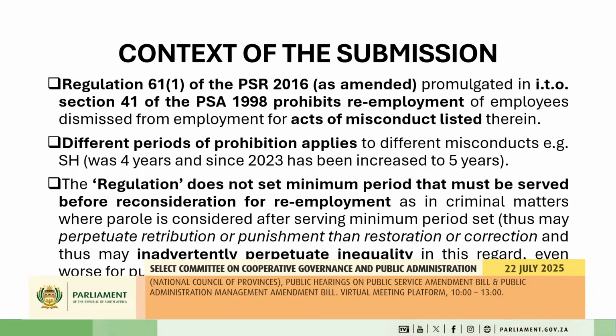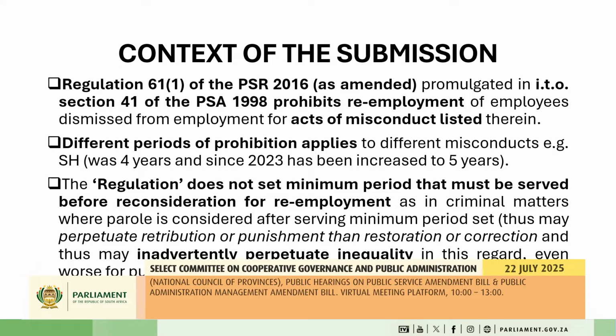So in my submission, I am of the view that the regulation does not set a minimum period that must be served before reconsideration for re-employment. If you look at criminal matters, there is what they call parole, wherein somebody will have served a certain number of years, and then may be considered for parole and released under certain conditions that can be put in place.